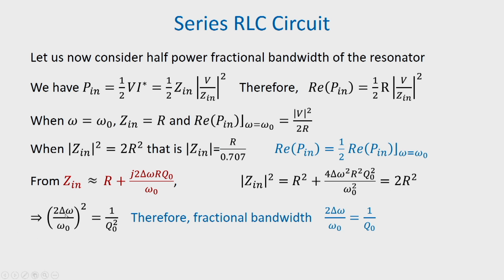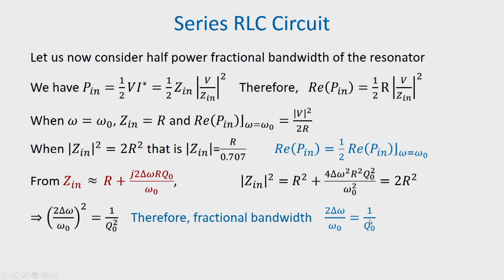Therefore, we can write (2 delta omega by omega naught) whole square is equal to 1 by Q naught square, and this quantity 2 delta omega by omega naught we defined as fractional bandwidth, and therefore, we see that the fractional bandwidth is given by 1 by Q naught.